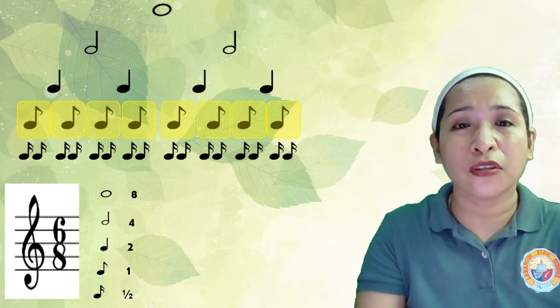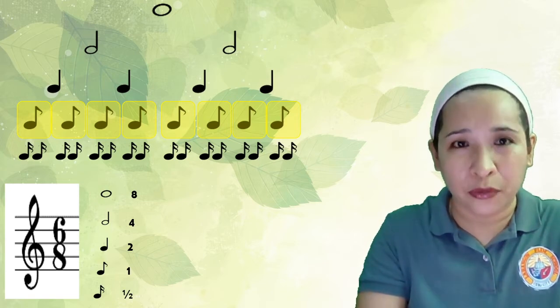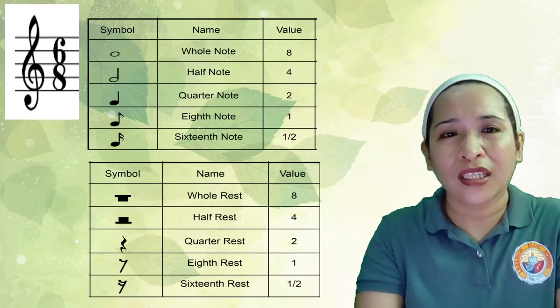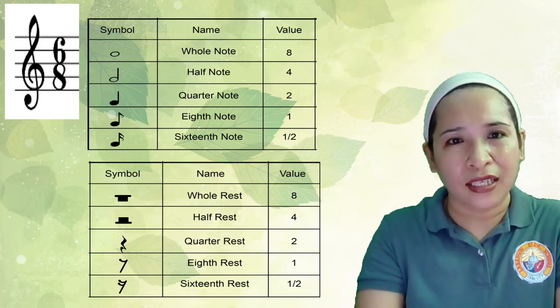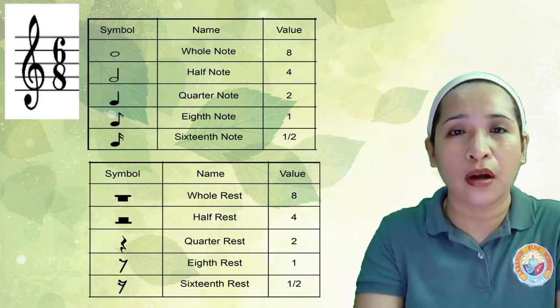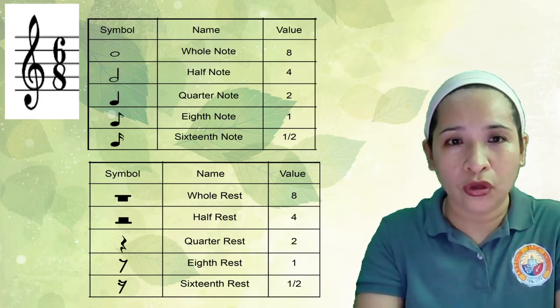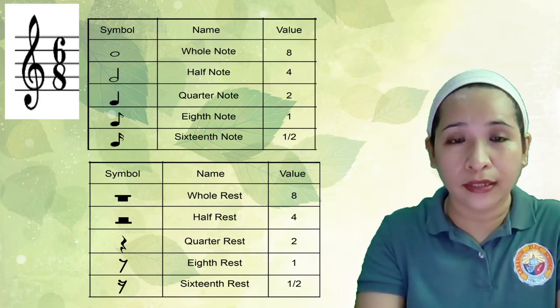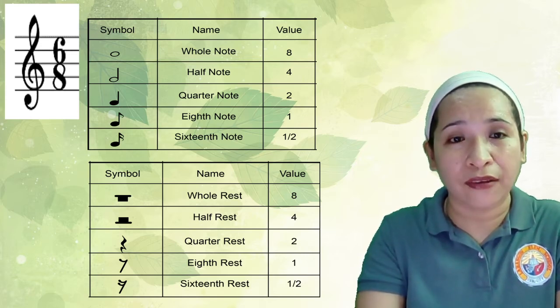This is also true with the rests. So in the 6/8 time signature, again, whole note is equal to 8, half note is equal to 4, quarter note is equal to 2, eighth note is equal to 1, 16th note is equal to 1 half.